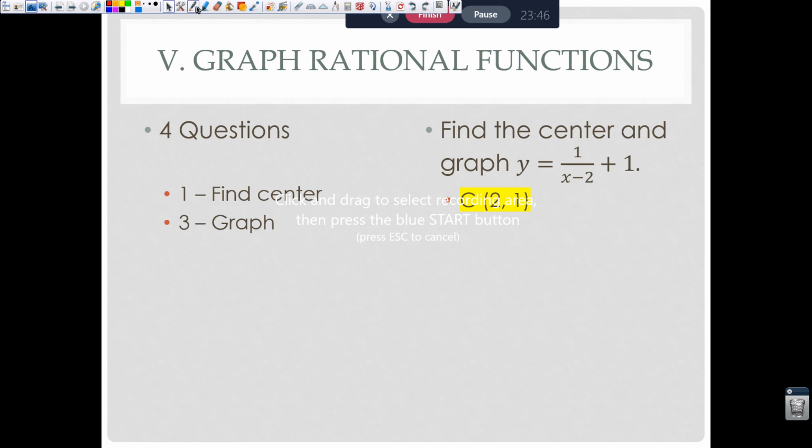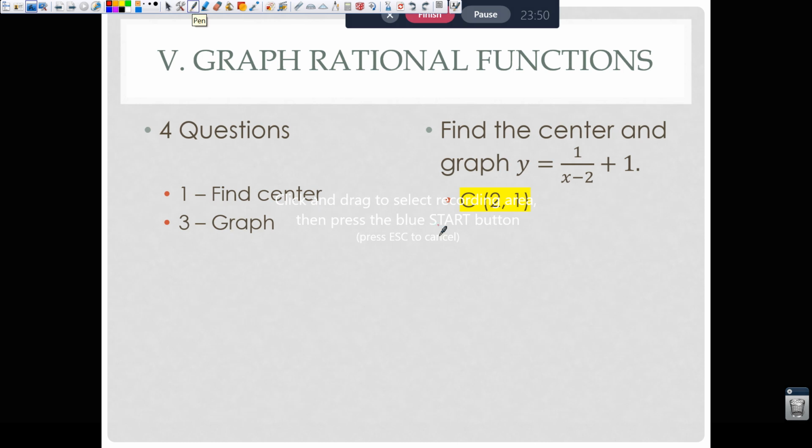So now that we know my center, I can find my vertical asymptotes and my horizontal asymptotes. So my vertical asymptote is x equals 2, and my horizontal asymptote is y equals 1. So our graph will never cross x equaling 2 and y equaling 1.